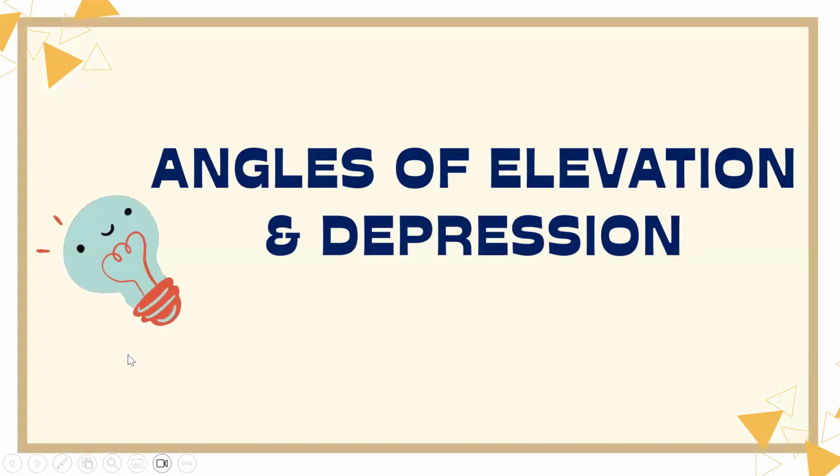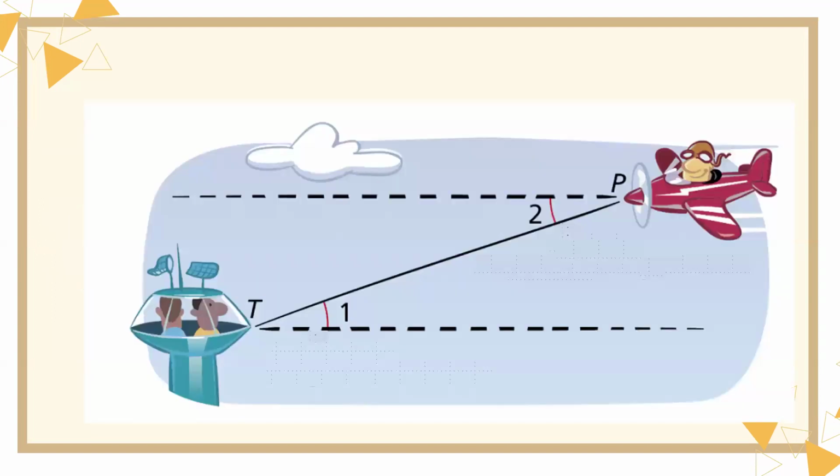Okay, so let's have some examples and exercises so that you'll be able to understand how angles of elevation and depression work. Okay, so let's say you are here. With respect to you, looking at the airplane, do you describe angle 1 as an angle of depression or angle of elevation?